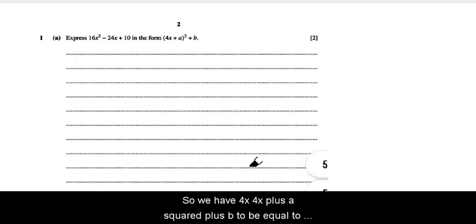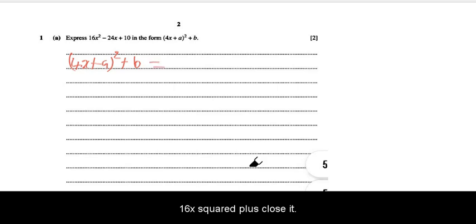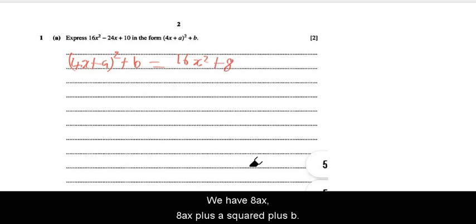So we have (4x plus a) squared plus b, and if we open this up, it is equal to 16x squared plus 8ax plus a squared plus b.